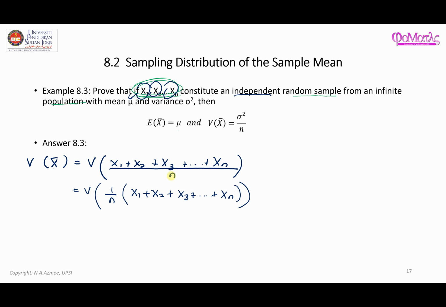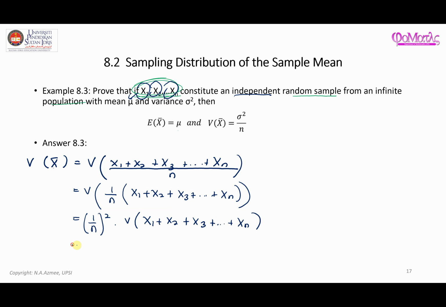When you take 1 over n out from the process of finding variance, don't forget you have to square it. If you don't remember what's going on here, you really need to go back to chapter 4 on mathematical expectation and see the videos related to this. So this will be multiplied with the variance of x1 plus x2 plus x3 up to xn.